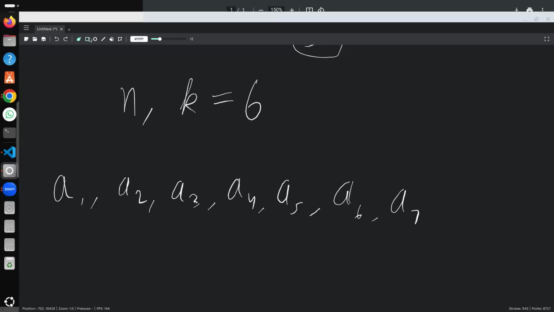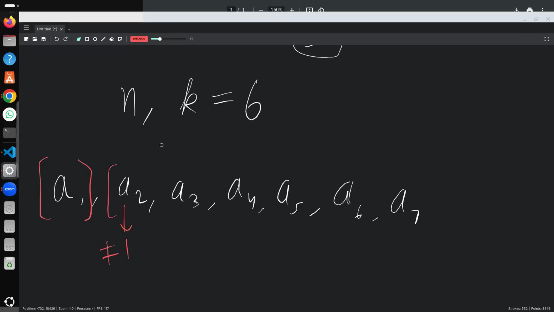Suppose the second element is not equal to 1. Then what could we do? We can just take the first element as the first segment, and after that, whatever we do, the cost will be equal to 1, because the second element will be the first element of the array B, right? And also we have enough elements to make 6 segments, right?